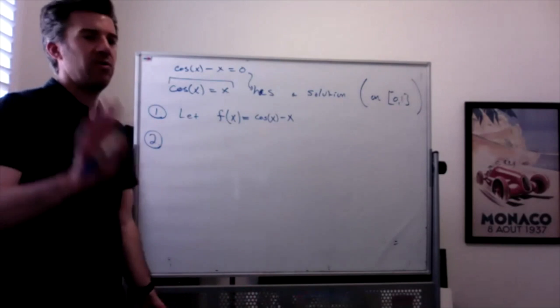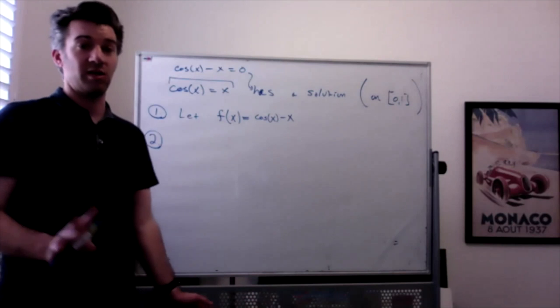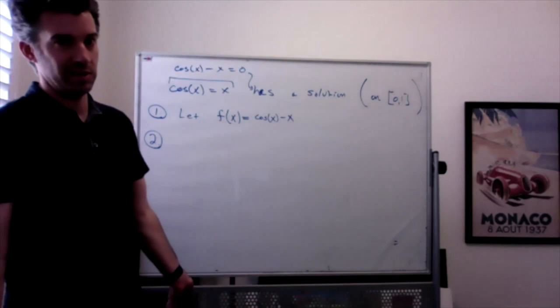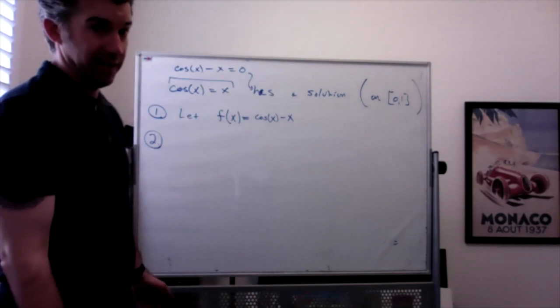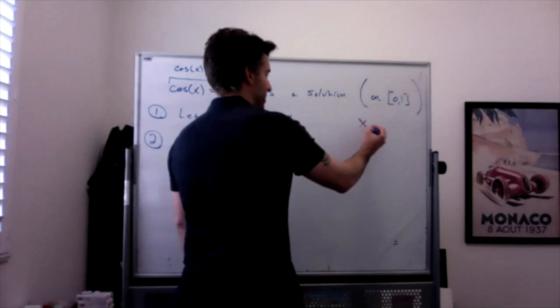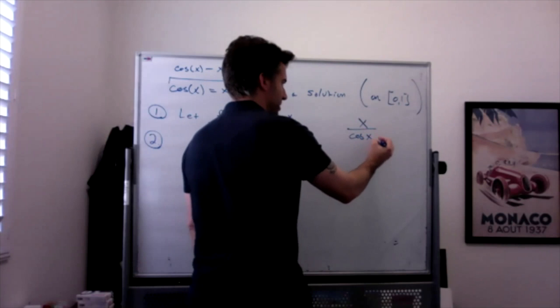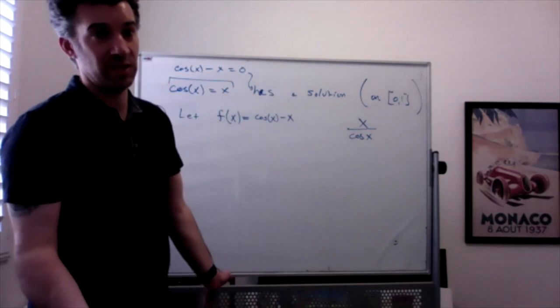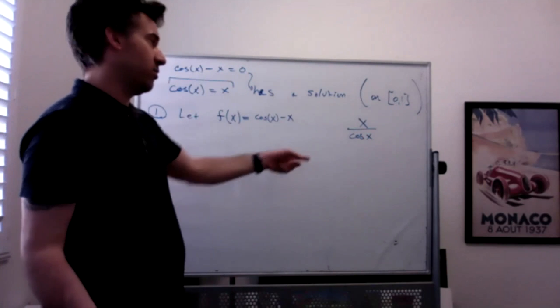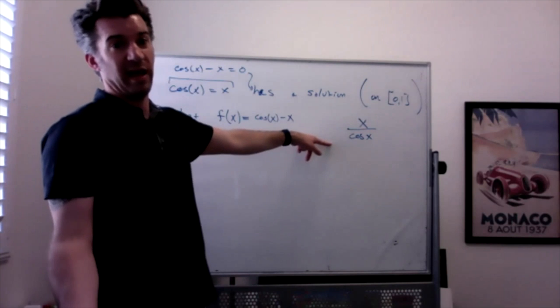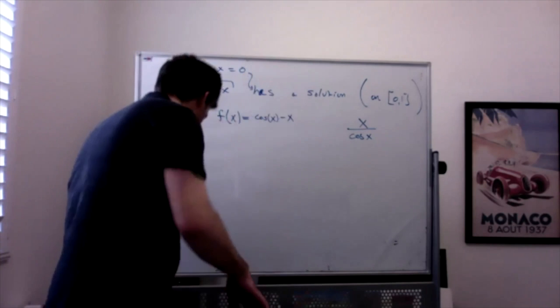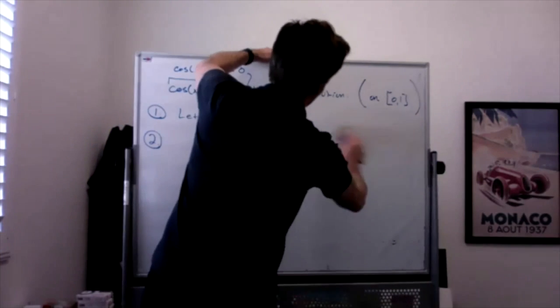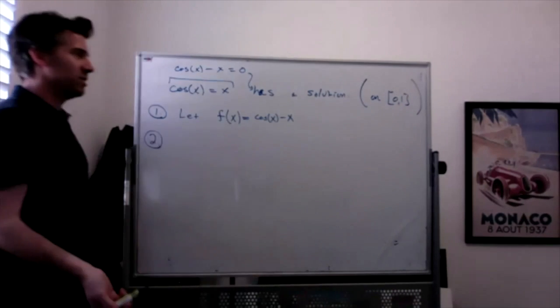Basically, when you add, subtract, or multiply continuous functions, it's still continuous. If you divide them, you have to worry about the denominator being 0. Like x divided by cosine x would not be continuous everywhere, because it's undefined when the denominator is 0, like when x is pi over 2 or 3 pi over 2 or 5 pi over 2. But that's not the problem here. So this is continuous everywhere.